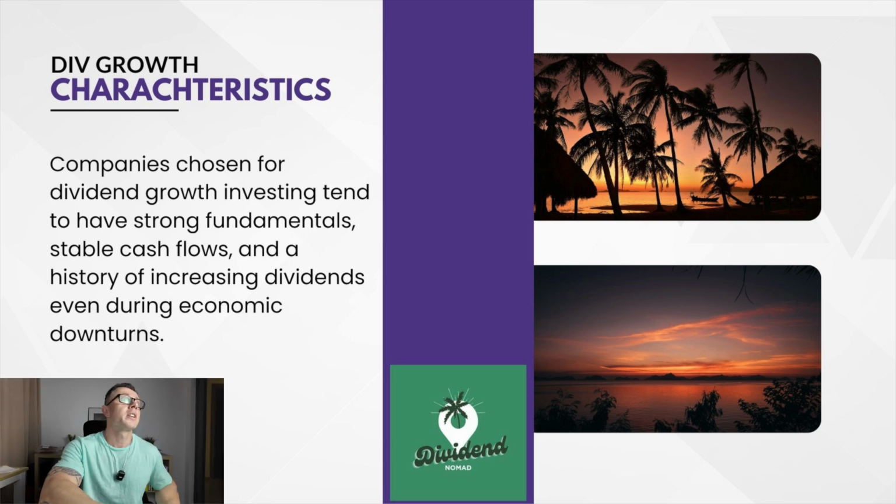Okay, so the next slide I'm going to show you are the characteristics of dividend growth investing. So companies chosen for dividend growth investing tend to have strong fundamentals, like a Coke or a Pepsi, Procter & Gamble or Johnson & Johnson, some kind of thing like that, right? So they have strong fundamentals, stable cash flow, which means they keep paying dividends over the years for so many years, and they never stop paying the dividends, right?